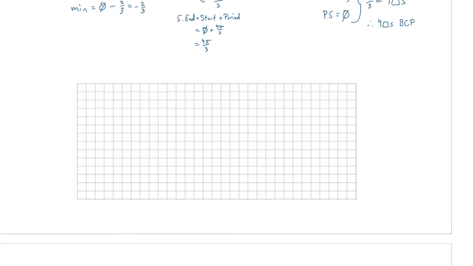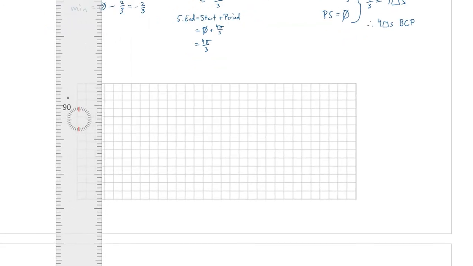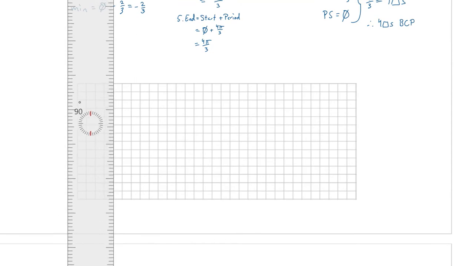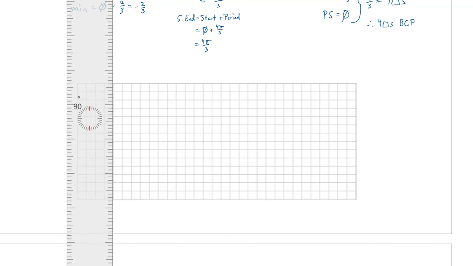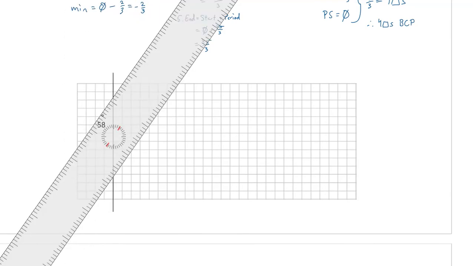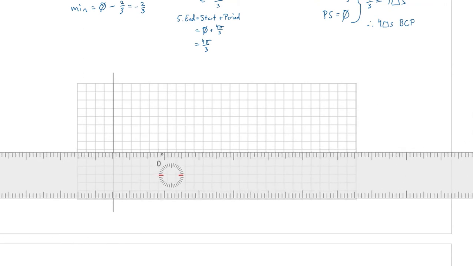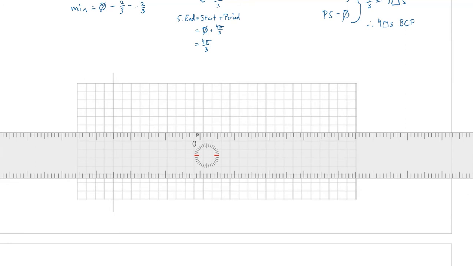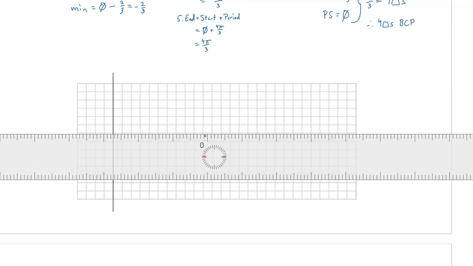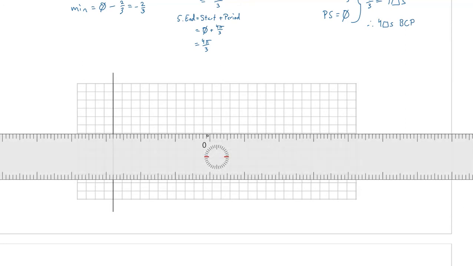So I'm going to put the vertical axis over here, not at the very edge of the grid, because we've got lots of space for this question, but way closer to this side. And because there is no shift up or down, I'm going to put my x-axis in about the middle.